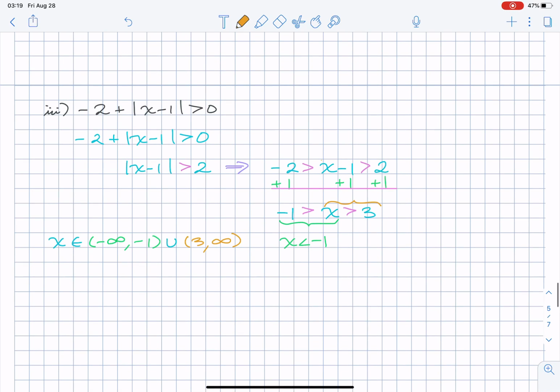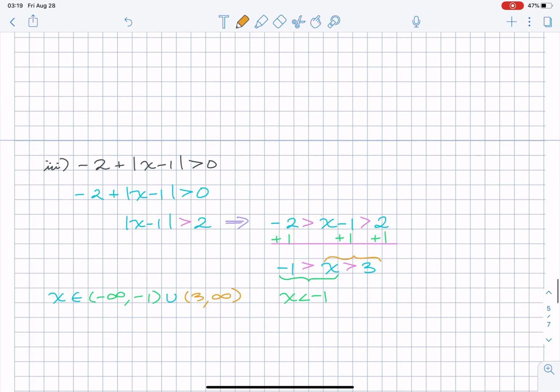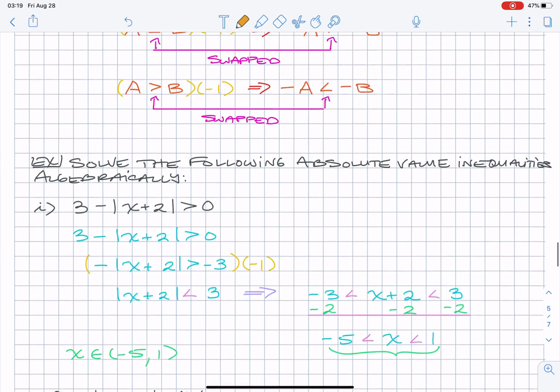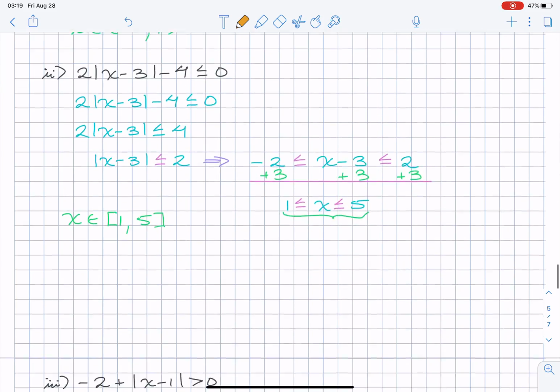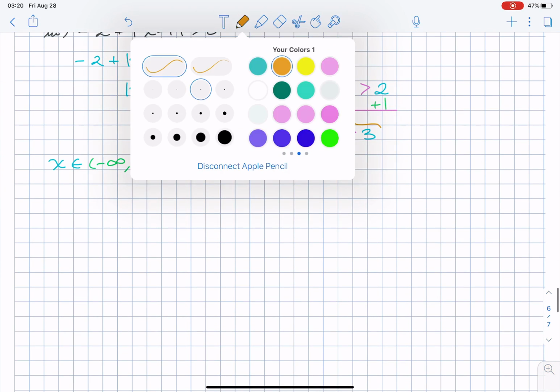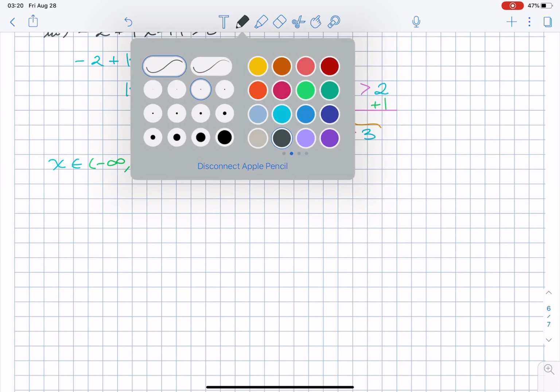And we know that since it's a greater than, it should go off towards the infinities. Okay, let's see now if I got that one right. Up here, yes, -1 and +3. Okay, I did it right this time. I guess it was easier graphically. Which it shouldn't be. It's always easier to just do algebra, in my opinion.